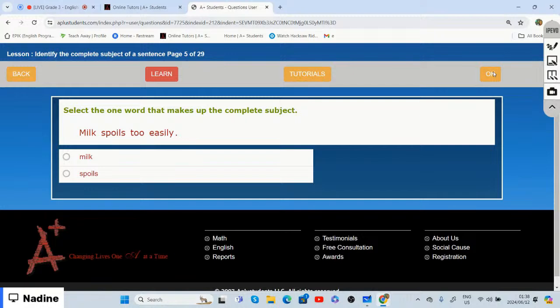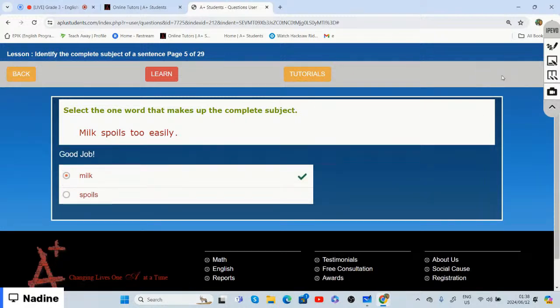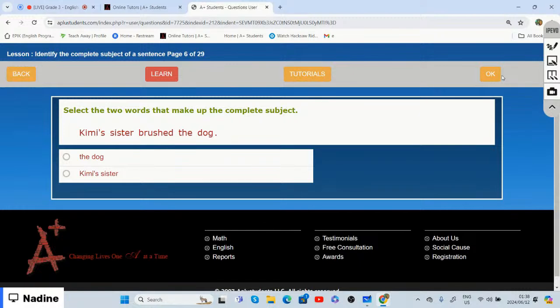Remember, spoils is a verb, so it cannot be the subject. If we were to identify our subject, then it would be milk, because what spoils easily? Milk spoils easily, right? So that was a subject.